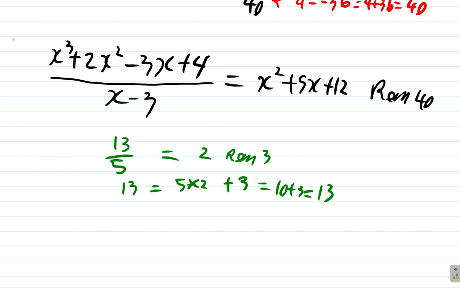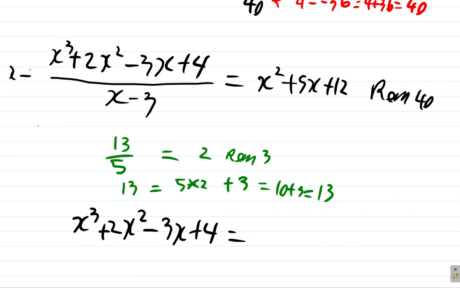Let's try the same thing with this. You multiply by the denominator. So if you multiply both sides of this by x minus 3, what we'll be saying is that x cubed plus 2x squared minus 3x plus 4 is equal to, because remember, the x minus 3, when you multiply by this, will cancel itself, right?